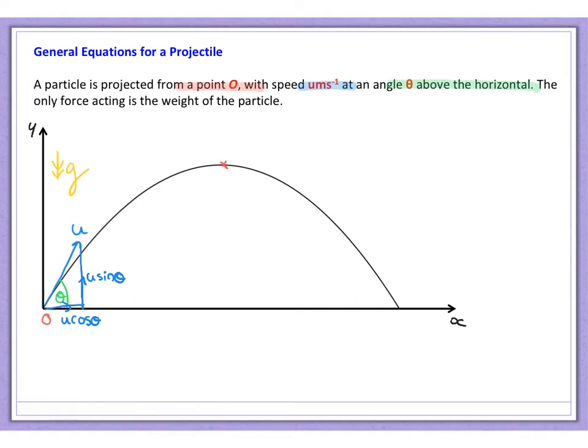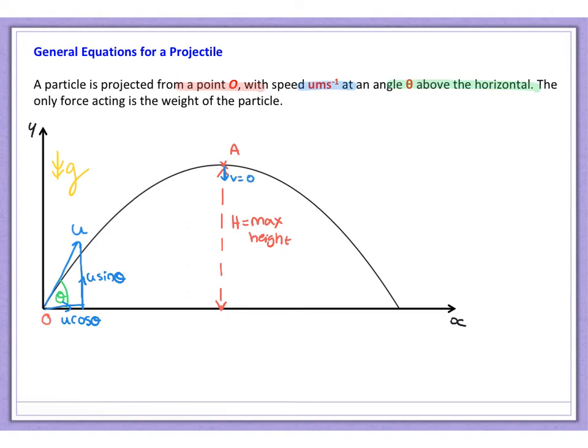So this point over here, which I'll label A, is the point at which the particle is at its maximum height. So I'm going to call that maximum height h. And of course we know at A, the vertical velocity is equal to 0 at that point there.